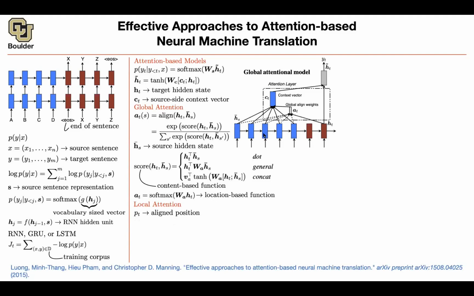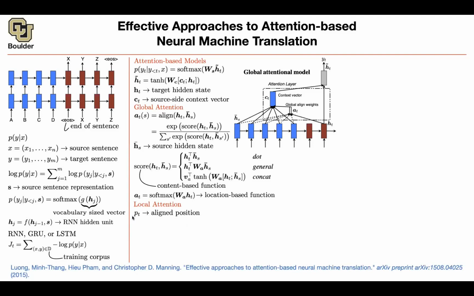So maybe you're going to look at here. Maybe that's the value of your PT. And then around that, you're going to create an interval of maybe one word to the right, one word to the left, or two words to the right, two words to the left, and pay attention only to those 5 words or 3 words. And then your attention is going to be 0 everywhere else.